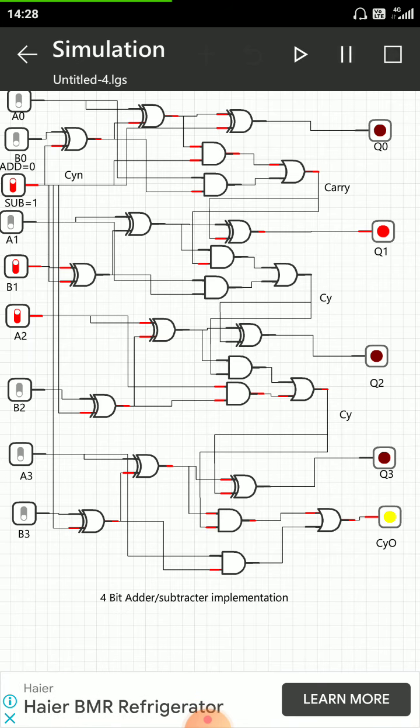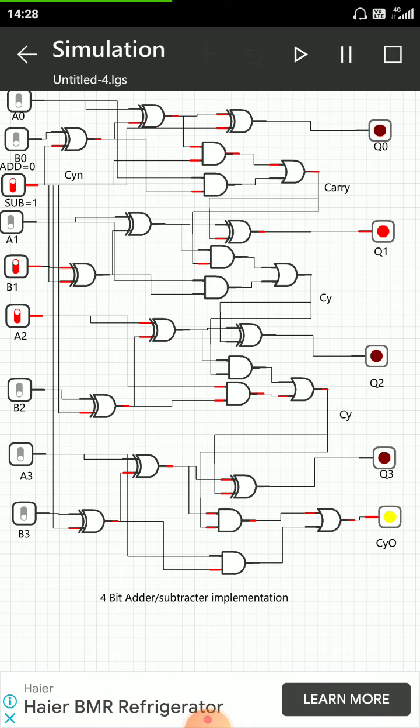So when we subtract 2 from 4, okay, we have to change this.